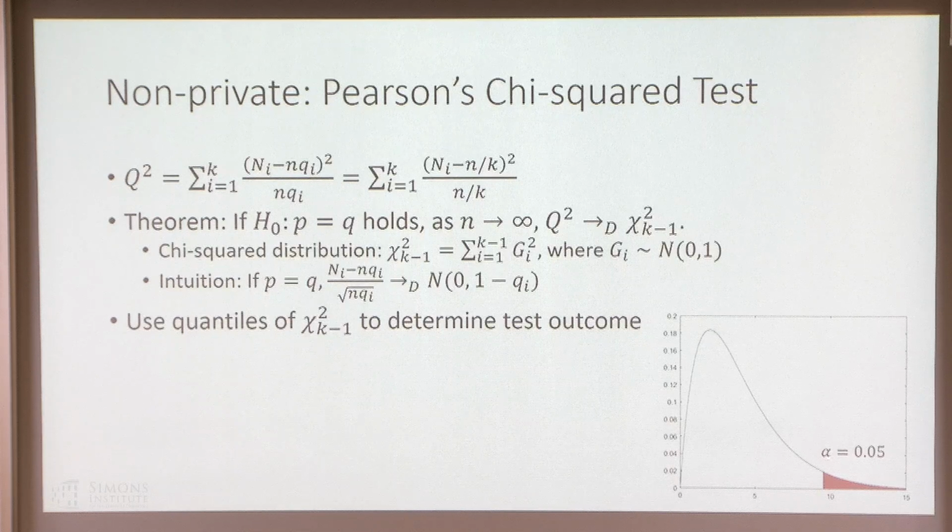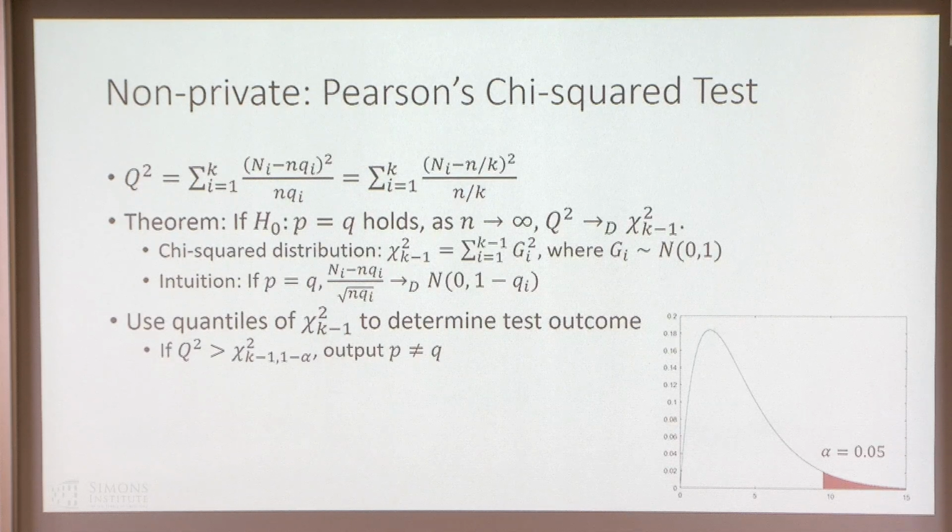In other words, if we set alpha to be 0.05, we're going to compute the statistic, and if it falls in this tail, it's too large, in the red region, you're going to say that this couldn't be the uniform distribution because that was very unlikely. But if it falls anywhere in this white region, then that's okay, it could possibly be the uniform distribution.